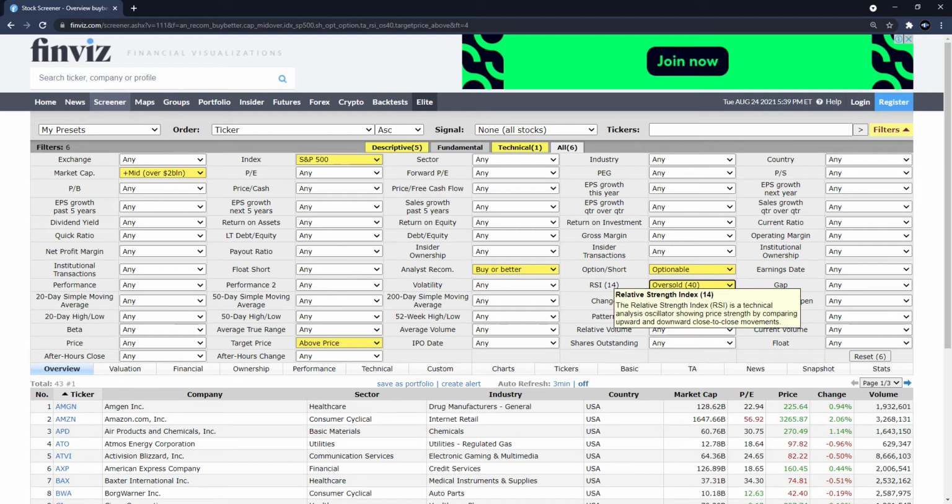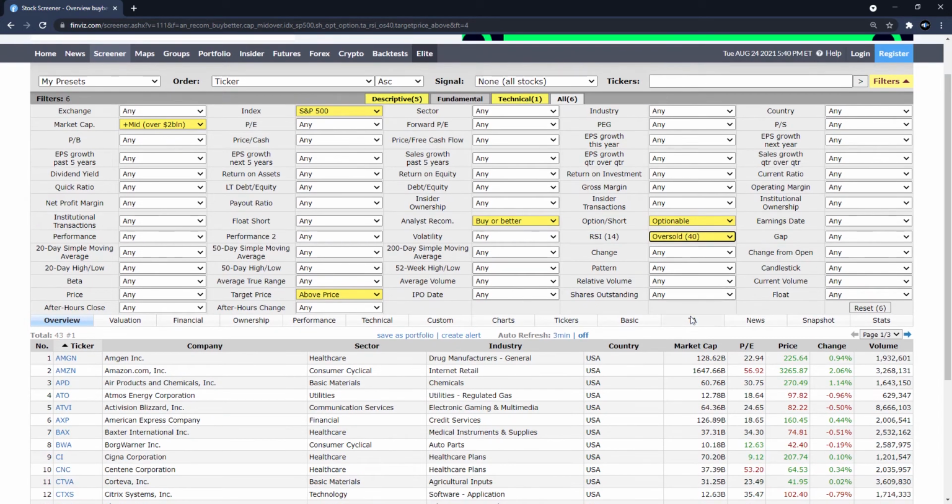That basically means the stock will be oversold, or this will be another great opportunity for us to buy a stock. That's about it for the RSI.